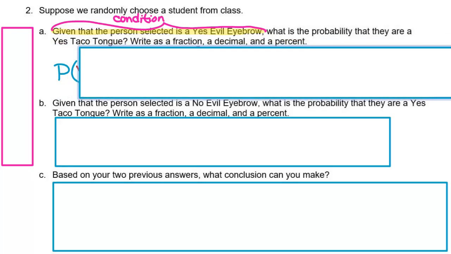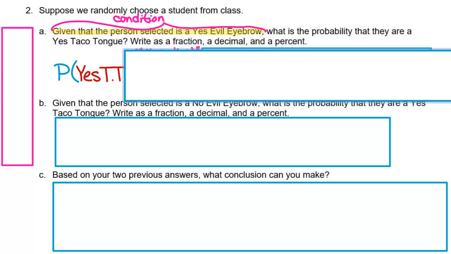So I'm going to start with my big capital P in parentheses for probability. This piece here, the condition, that's not what I want the probability of. This is a known thing. I'm narrowing it down to just these people. The probability is that they are a yes taco tongue. So the first thing inside the parentheses is what I want to find the probability of.